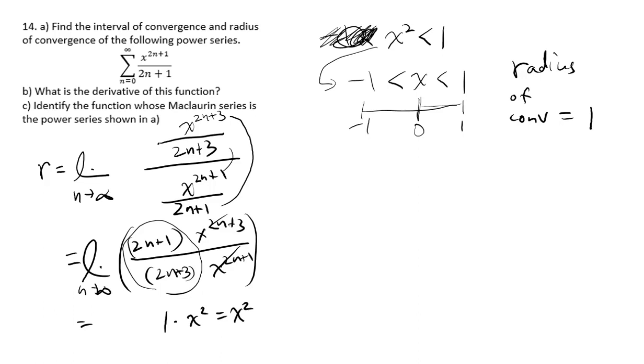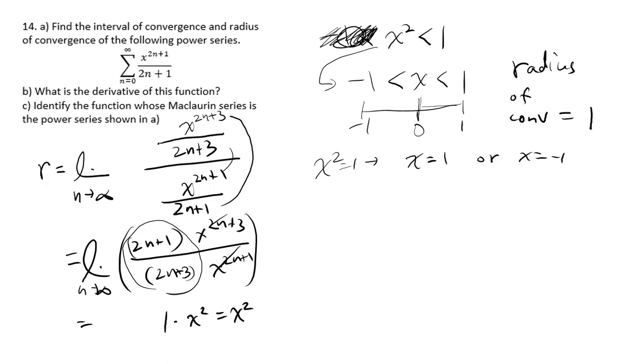If x squared is actually equal to 1, which is the case for x equal to 1 or x equal to -1, in that case you may have to figure out each of these separately, because the ratio test is silent on what happens when x is equal to 1.